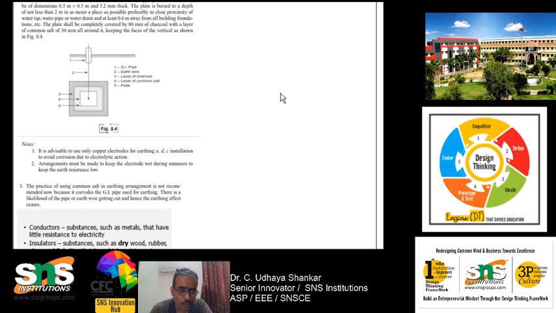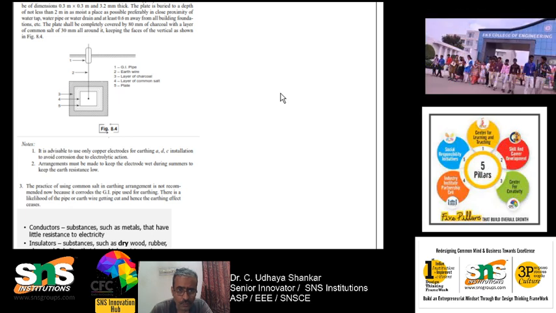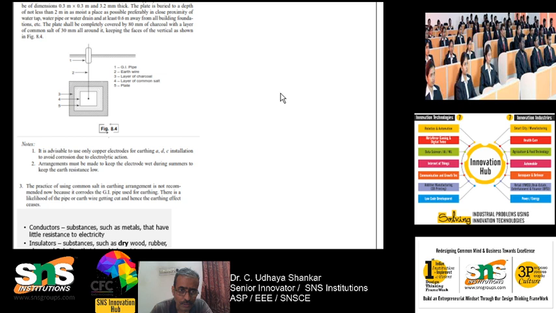Earthing through plate. Here again a GI plate is used as an earth electrode. If the GI plate is used, it is of dimension about 0.3 meter by 0.3 meter and 6.35 millimeter thick, and if a copper plate is used, it shall be of dimensions 0.3 meter by 0.3 meter and 3.2 millimeter thick. This is the dimension which we use for earthing through plate.